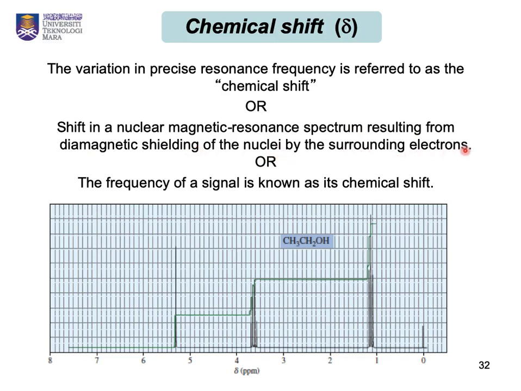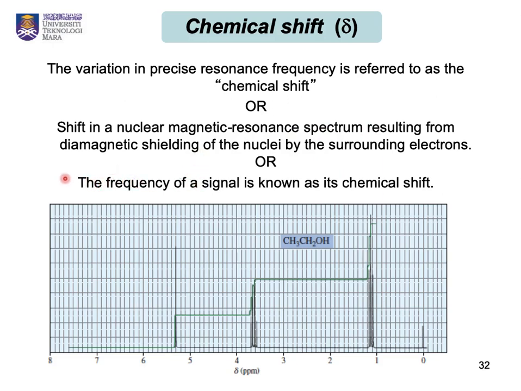by the surrounding electrons. So there are surrounding electrons, right, by which the nuclei is shielded. So there is a shift in the magnetic resonance spectrum. That shift is also called the chemical shift.